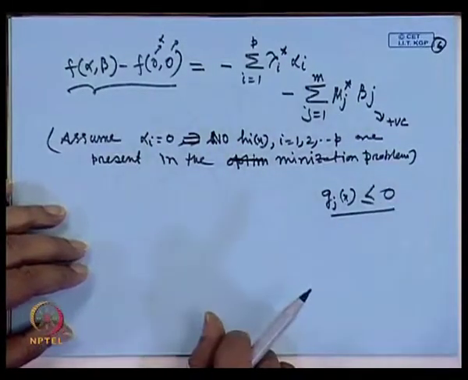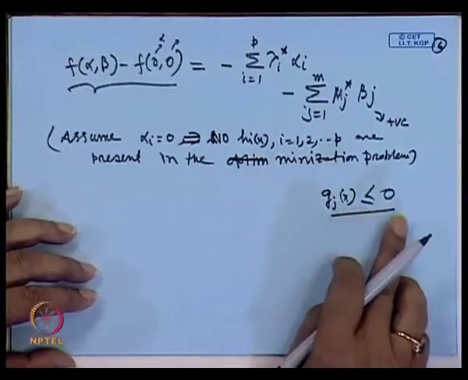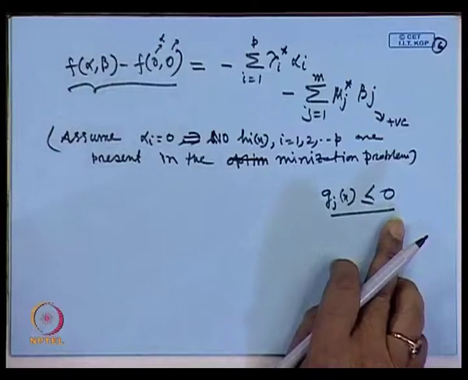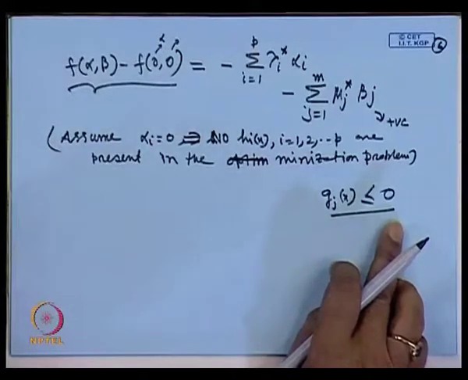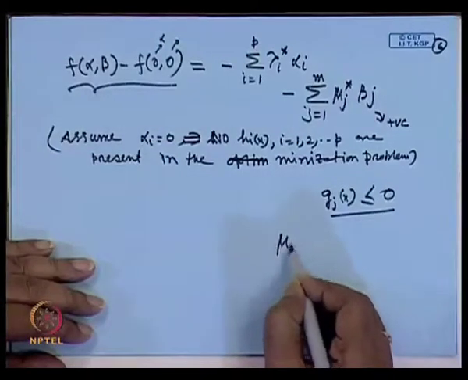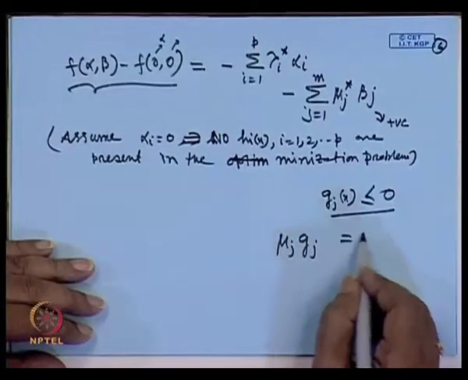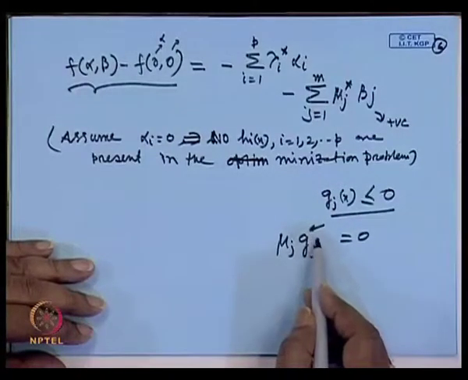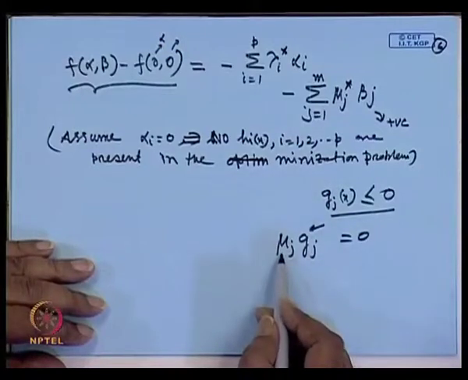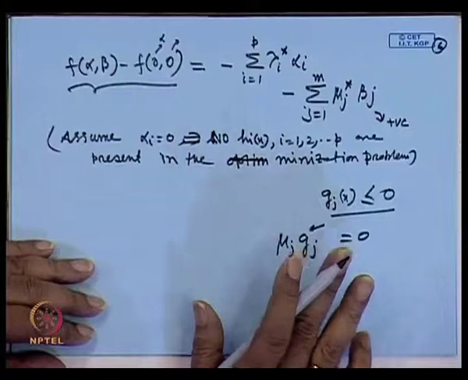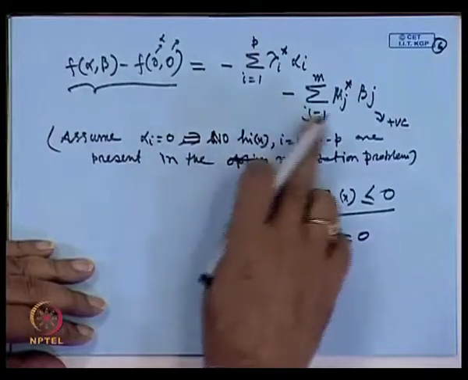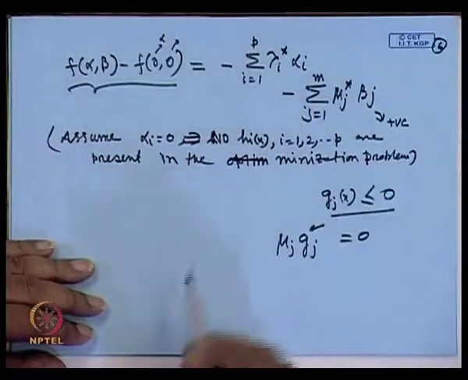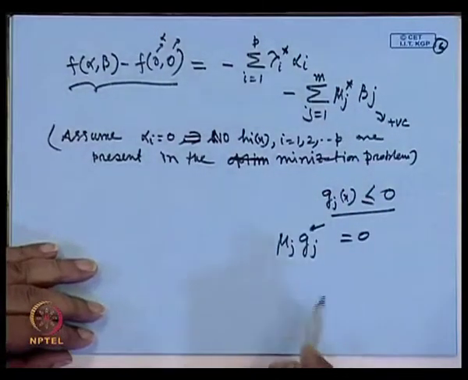When the active constraints are satisfied at the optimum point, from the switching condition mu_j g_j is equal to 0. When g_j is 0 at the optimum point, mu_j is a non-negative number, agree? We have shown it here, that mu_j should be a non-negative number.